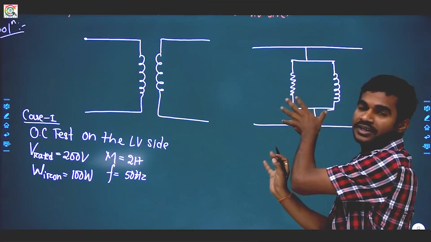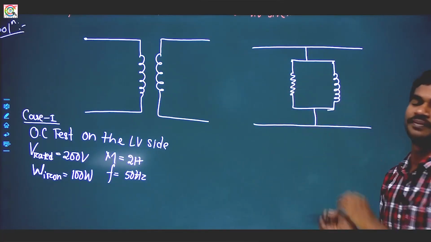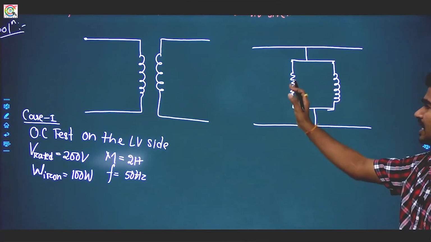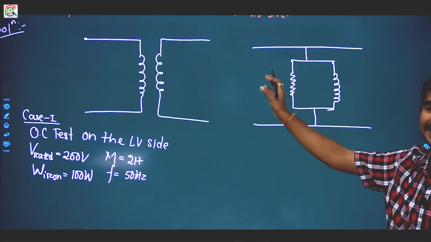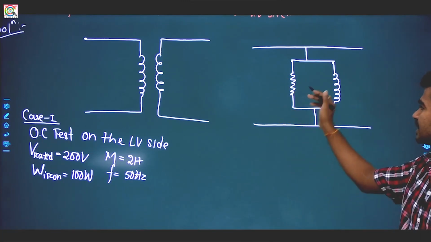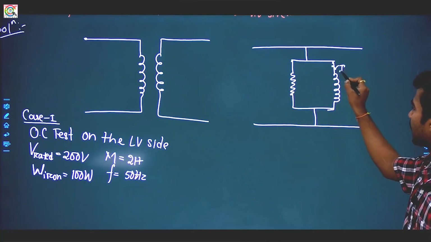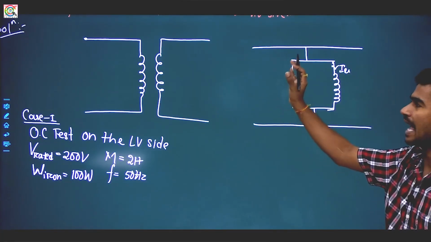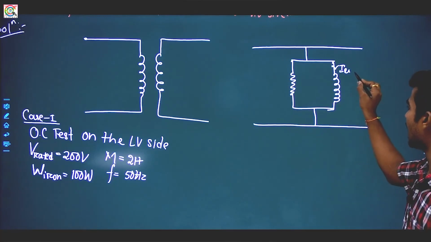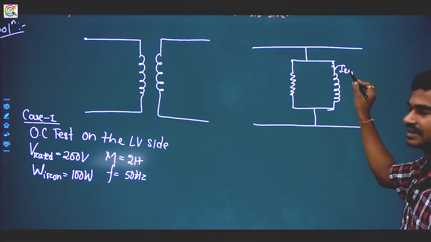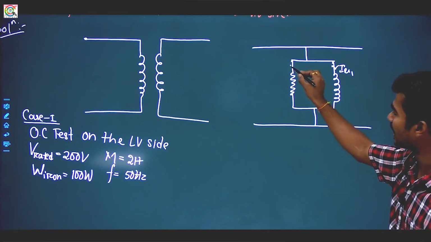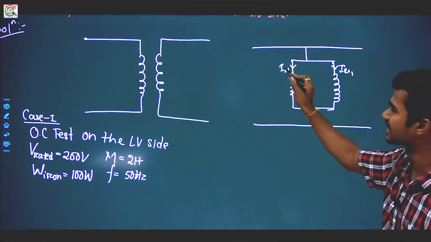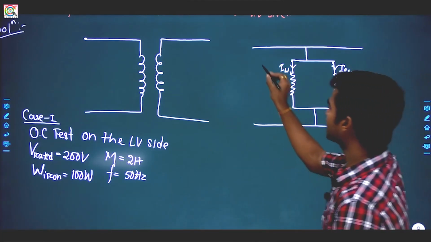Only the shunt branch would be present, and in that shunt branch two branches will be there. One is the magnetizing component of current, denoted by I mu. For the LV side I am considering it as I mu 1. The other is the loss component of current, denoted by IW, let's say IW1.